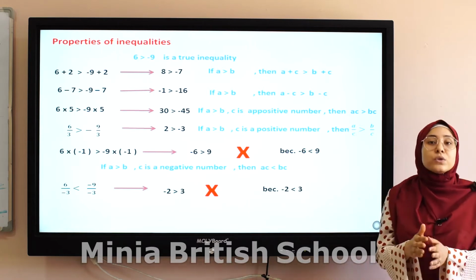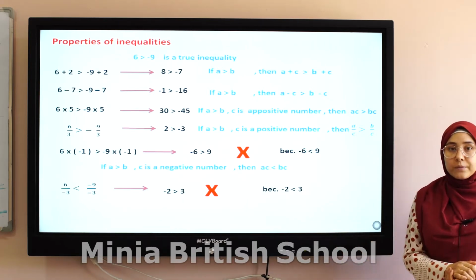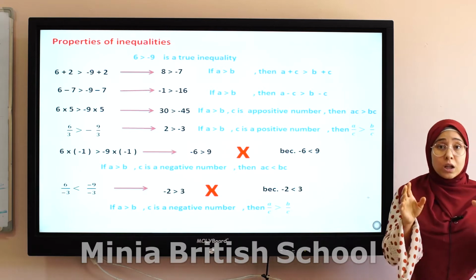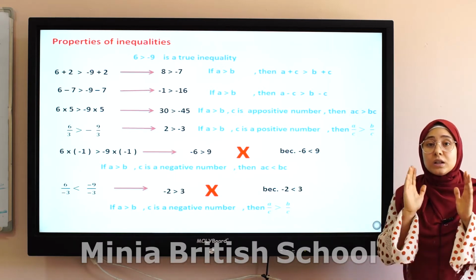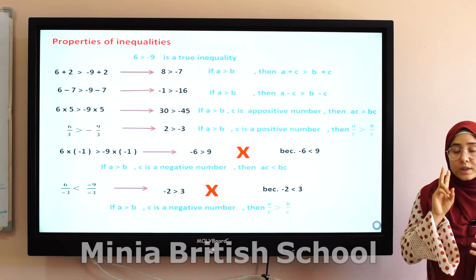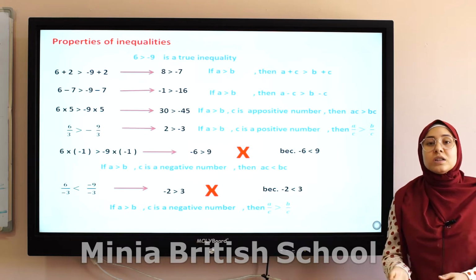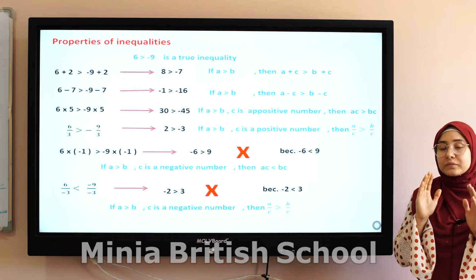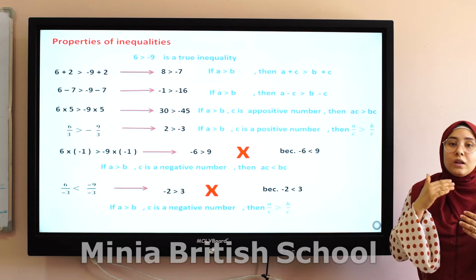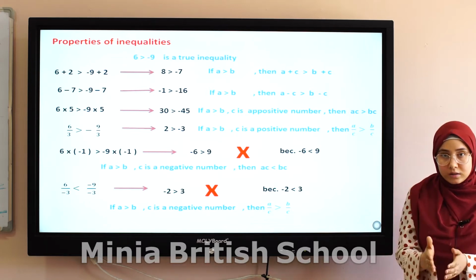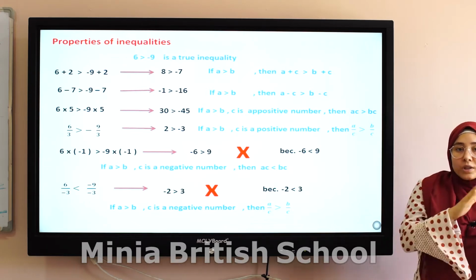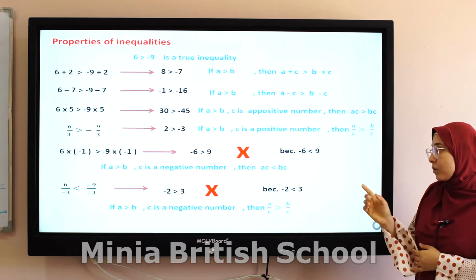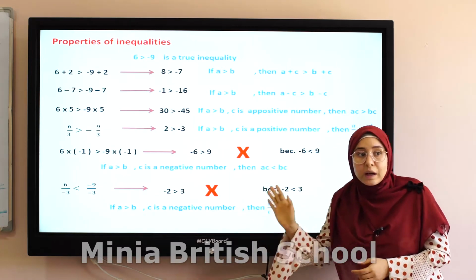Because -2 is less than 3. So in general, if we divide the two sides of the inequality by a negative number, we change the sign of the inequality to the opposite sign, okay? Because I divide by a negative number.